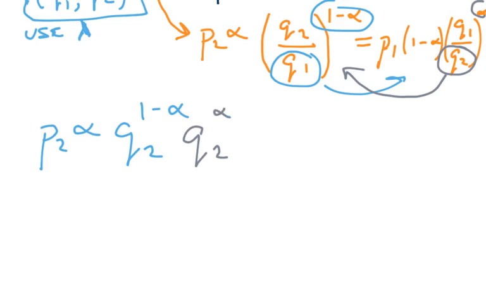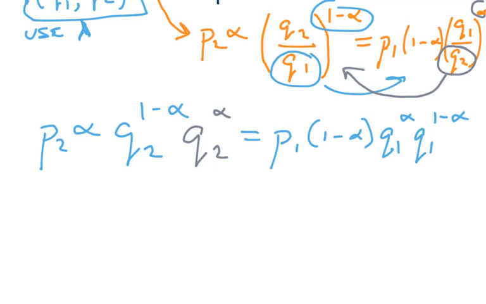And now I've multiplied over, so I'm going to have P1, 1 minus alpha, Q1 to the alpha, and now I've multiplied Q1 to the 1 minus alpha over as well. All right, so this is what our equation, which was just in orange, looks like now that I've gotten rid of the denominators.